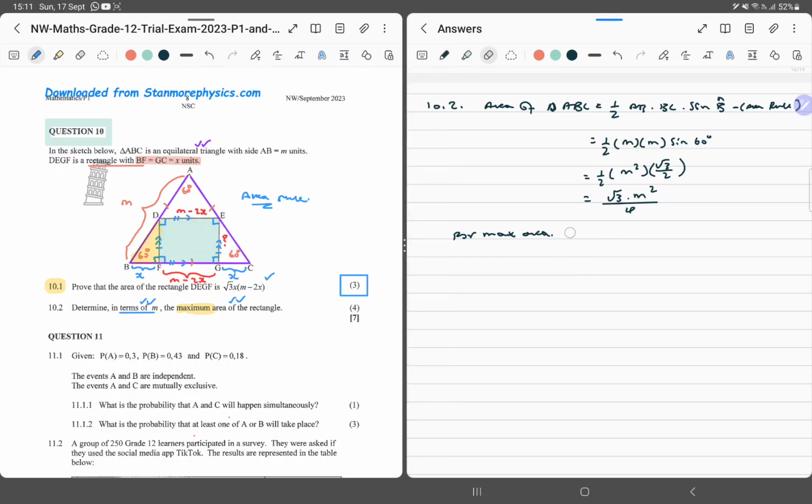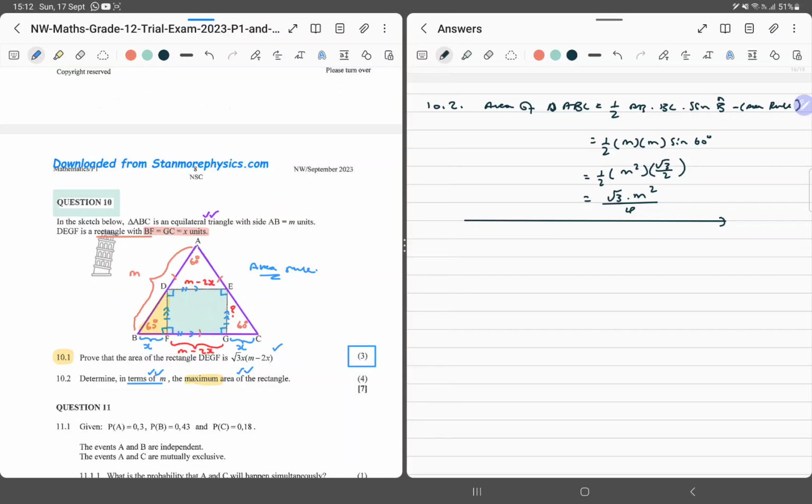So we don't need to do the derivative because it becomes 0. And the maximum area is just not going to work. If we're going to say in terms of M, I suppose we leave this one here. But now as to why it's 4 marks, I don't understand. So yeah, that is the story. So I don't understand.